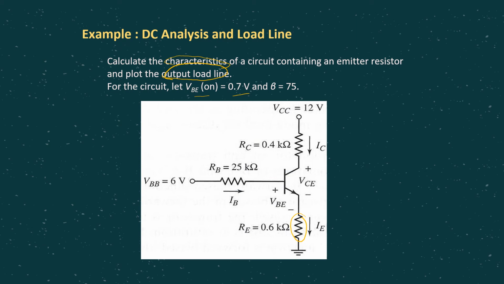Now since we are focusing on the output load line, obviously we are focusing on the CE loop. So as you can see from here, remember, draw the complete circuit where VCC can be represented by this. Now you can see one closed loop here, right? We can do a KVL equation here.